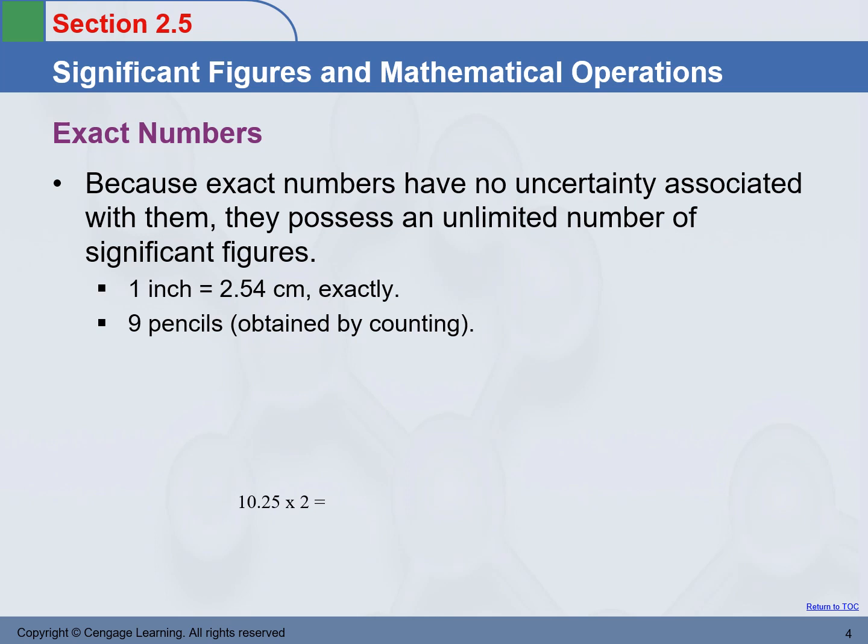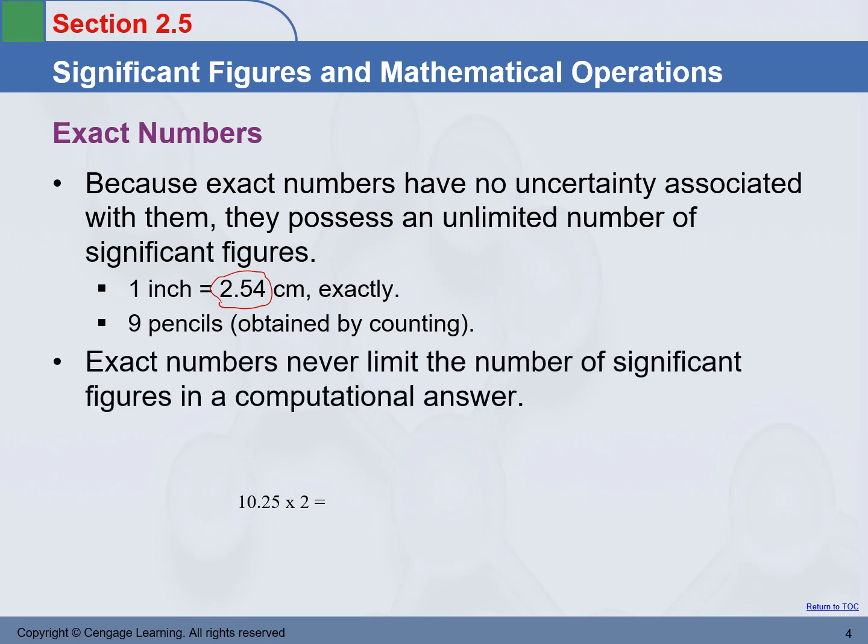In this case, 2.54 doesn't have 3 sig figs. It has an unlimited number of sig figs because it is not a measurement. It is an exact number. Exact numbers never limit the number of significant figures in your answer. Measurement does.